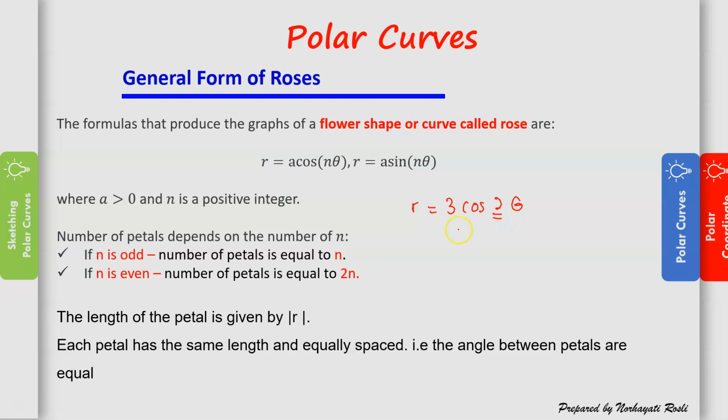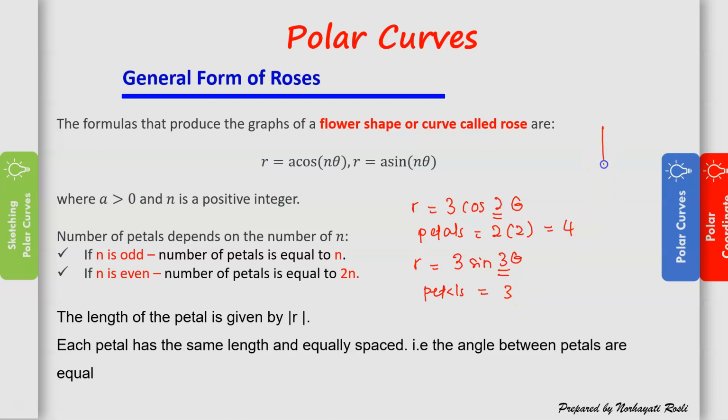When n equals 2, the number of petals will be equal to 2 times n, which is 2 times 2, which is 4. But if we have, for example, r equal to 3 sin 3 theta, in this case our n is an odd number. When n is an odd number, our petals will be equal to n, which is 3.